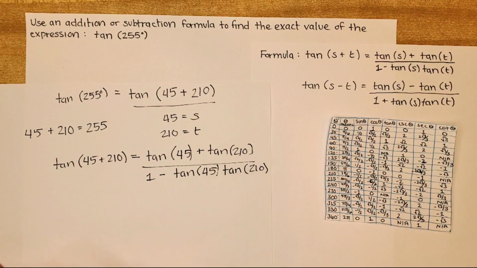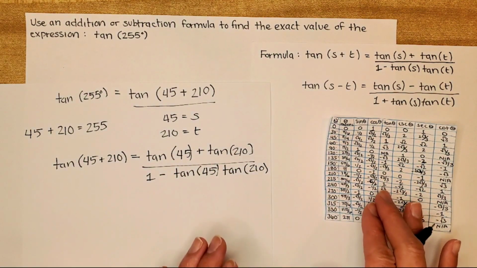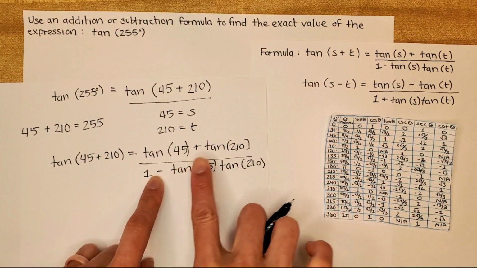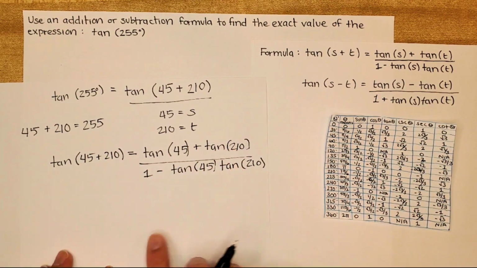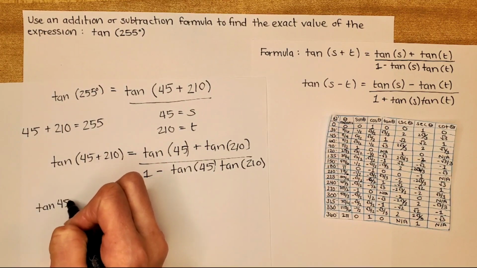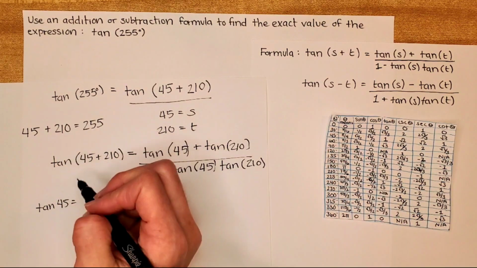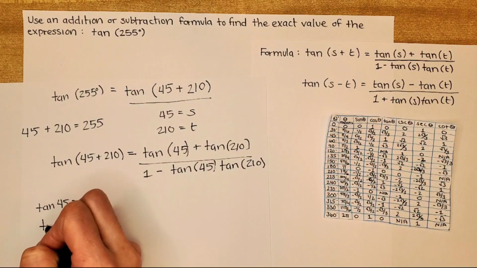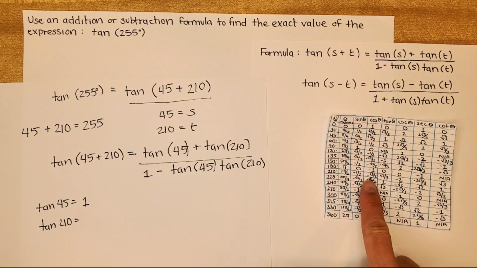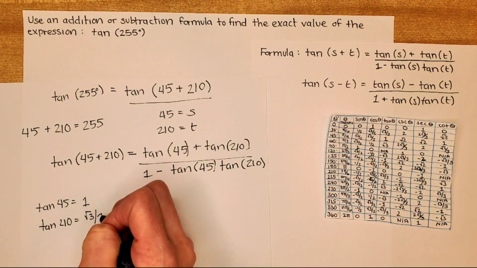We have to just replace each of these values with an exact value of tangent of 45 and tangent of 210. When we discover the value of tangent 45, you can see right here that we have the value of 1. And tangent of 210 gives us the value of square root of 3 over 3.